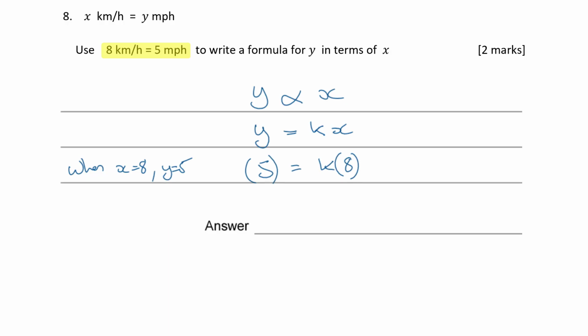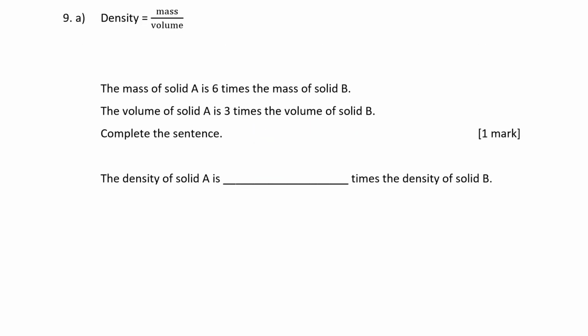Subbing those two values in and rearranging gives me a value of k equal to 5/8. So my complete formula for y and x should be y is equal to 5/8 of x.